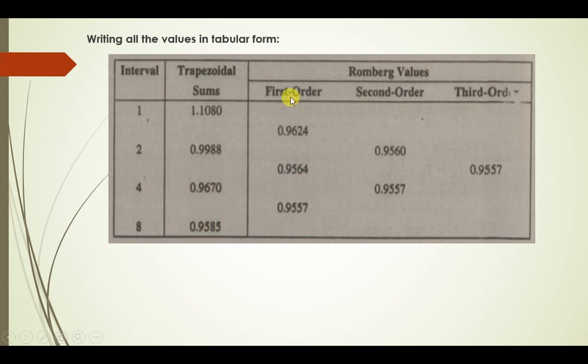Now first order, this is T22 between these two, and between these two, this is T23, this is T24, and next column is T33, and this is T34, and this is T44.